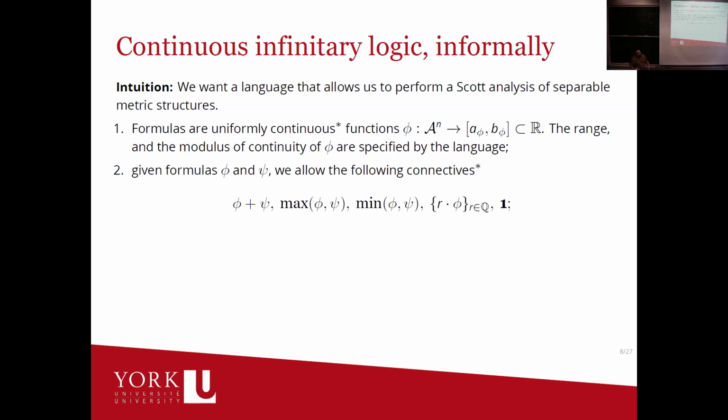Okay, how do we put formulas together? If I have two formulas phi and psi, I'm going to allow the following connectives. I can add them. I can take max. I can take min. I can multiply them by rationals, including negative numbers. And I'm going to add the function that's constant 1. It's really a function from nowhere. It's always 1.